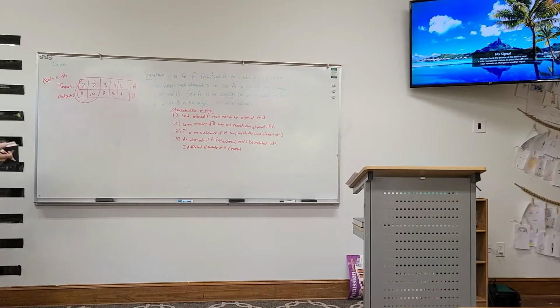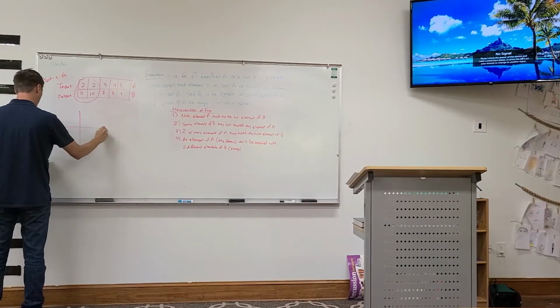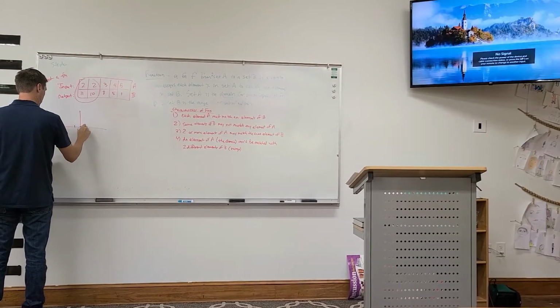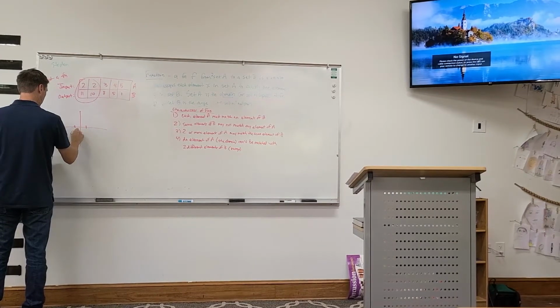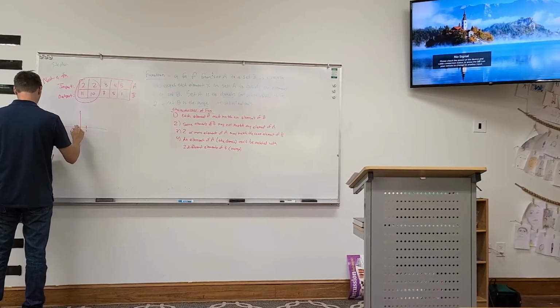And then they give us a graph. We got -1, -1, we got -2, -2.